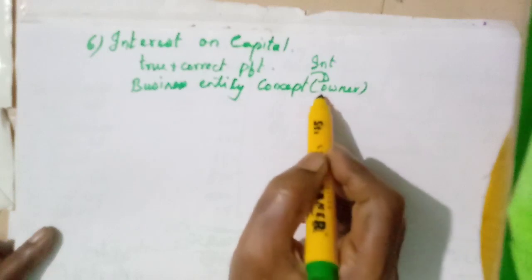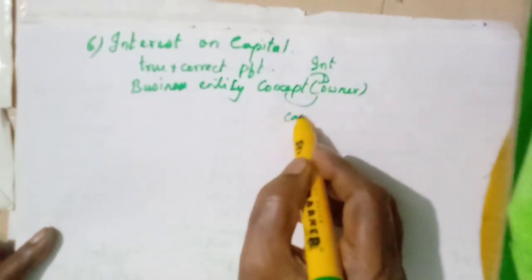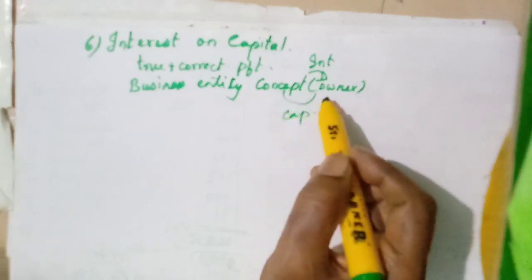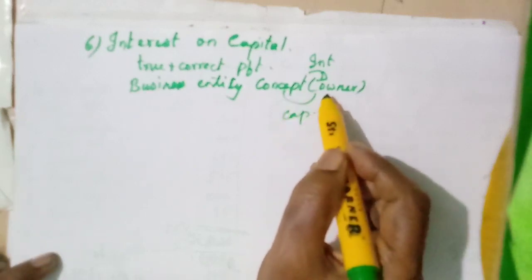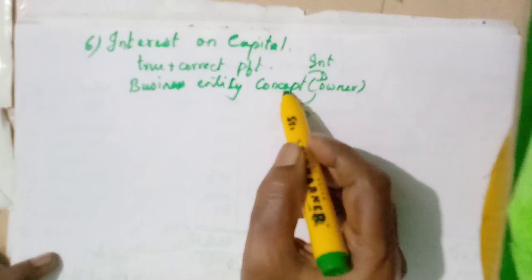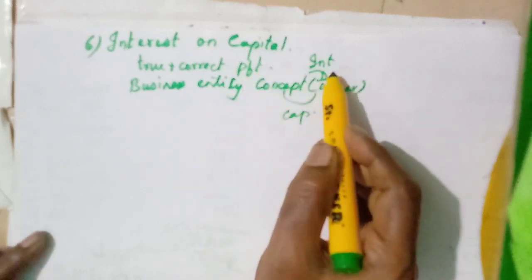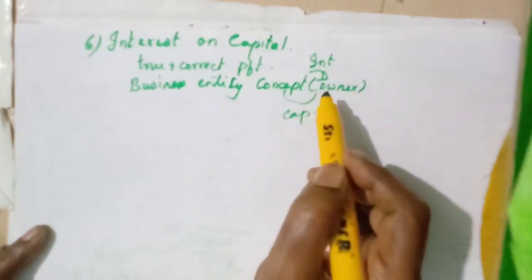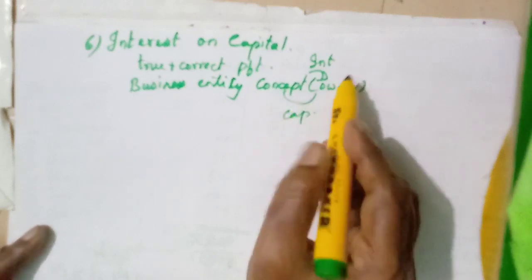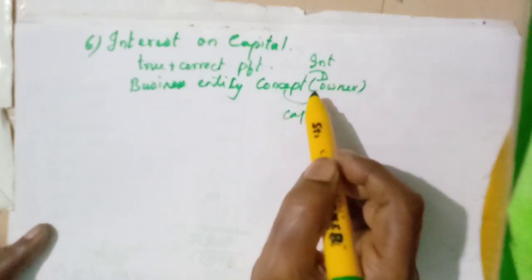Okay, the owner is investing capital. So they are considered separate. So owner invests money in the business and the business is paying interest for that capital. So it is an expense for the business.